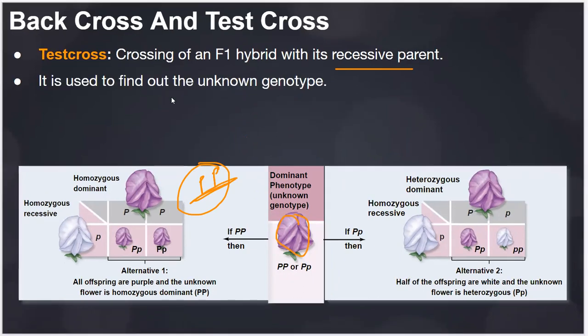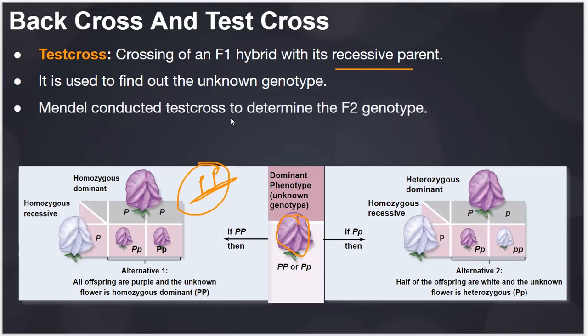So it is used to find out the unknown genotype of the F1 hybrid. Mendel conducted test crosses to determine the F2 genotype. You want to know the genotype of the offspring that will come. Phenotype, obviously you can see and tell which trait it is, dominant or recessive.